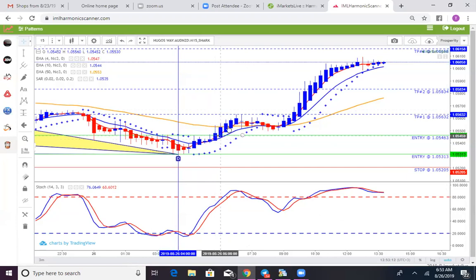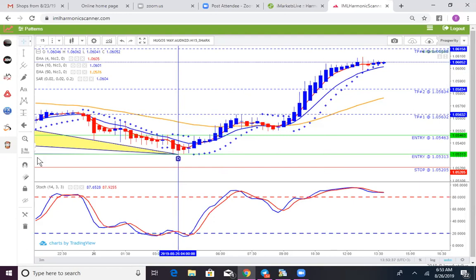And it did come to this 50 moving average. It pulled back, but then it kept going. Remember I said when it gets to the 50 moving average, it's going to show some hesitation. It kept going, pulled back, and then continued into a buy.